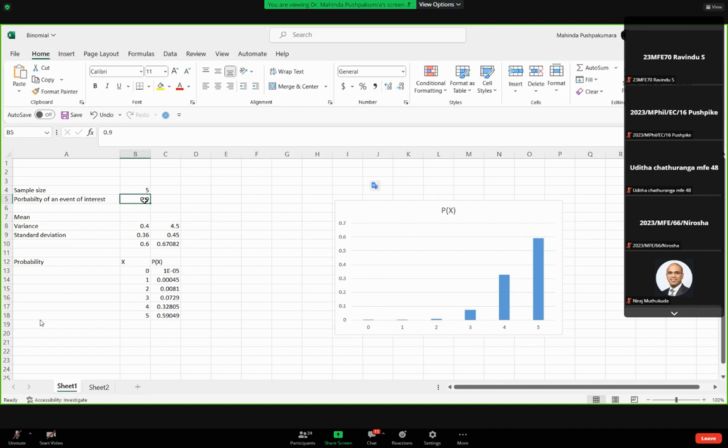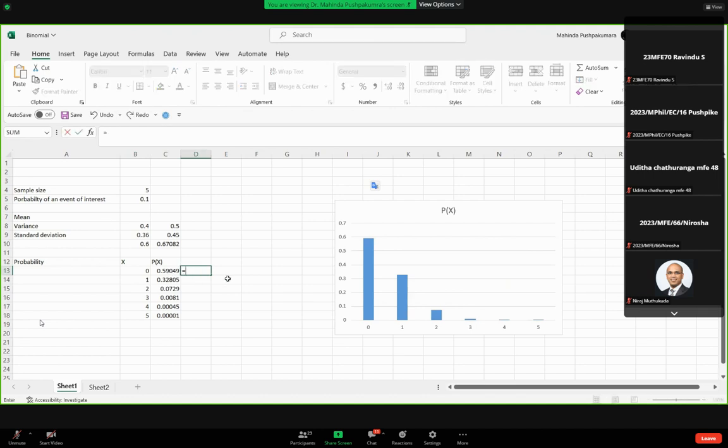Okay, then what is actually the cumulative distribution? Now again, I type here binomial, numbers, comma, trial, comma, probability, comma, then select the cumulative function.